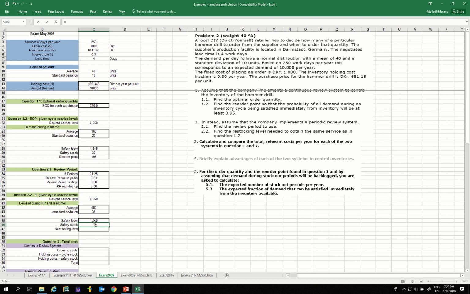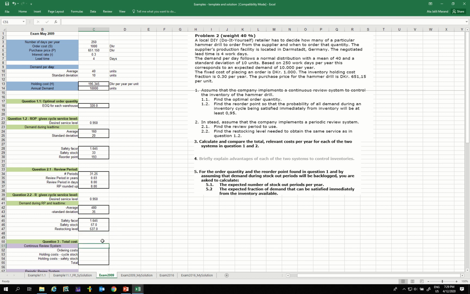And then safety stock is the safety factor multiplied by the standard deviation of demand during RP plus L. And restocking level is simply average demand during RP plus L plus safety stock. So this is the solution to question 2.